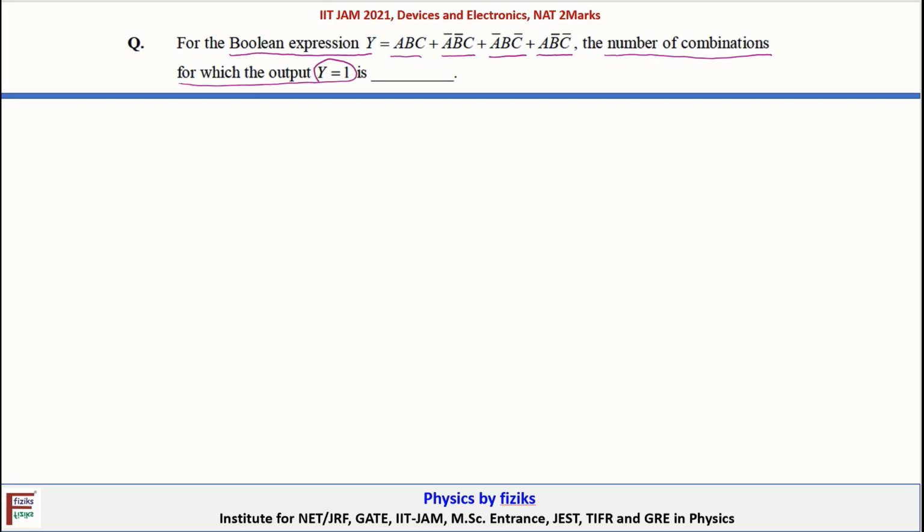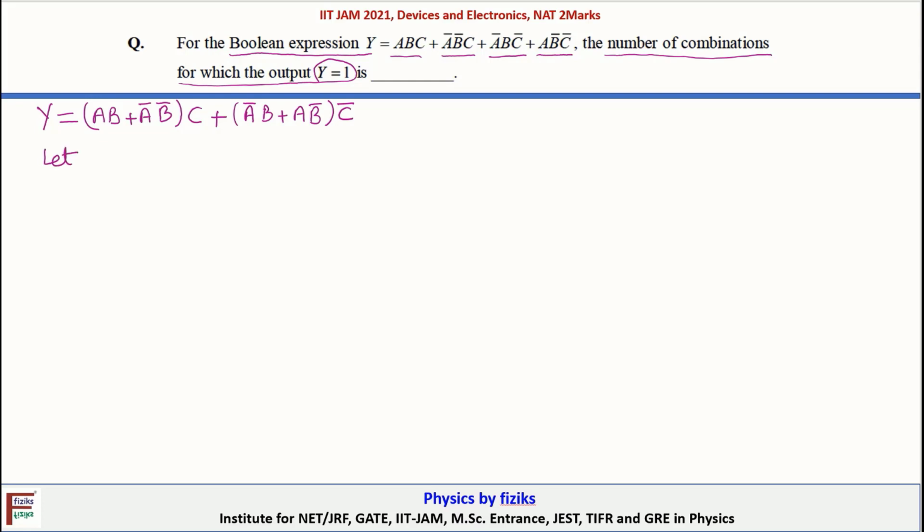So let us first simplify the Boolean expression. In this case, let us write it in this form: AB or A bar B bar and take C common, and then write this as A bar B or AB bar and then take C bar common.